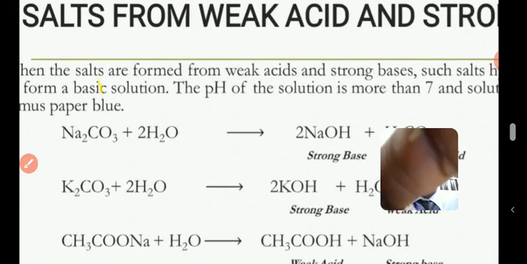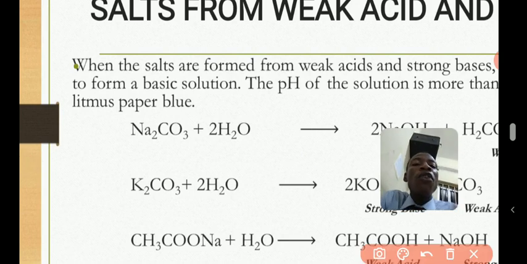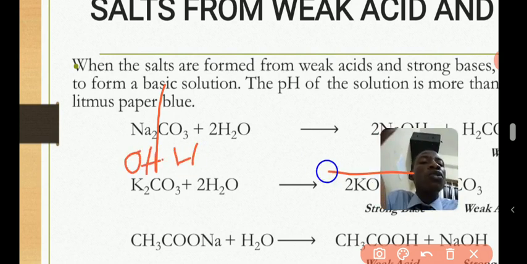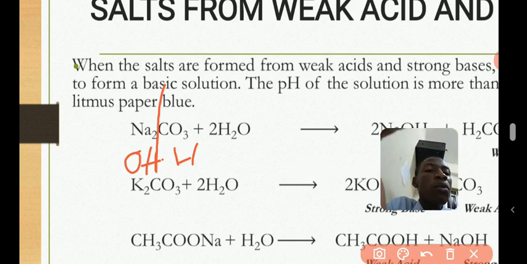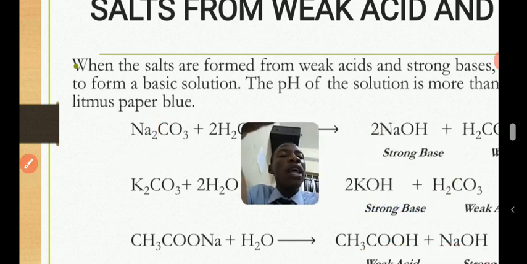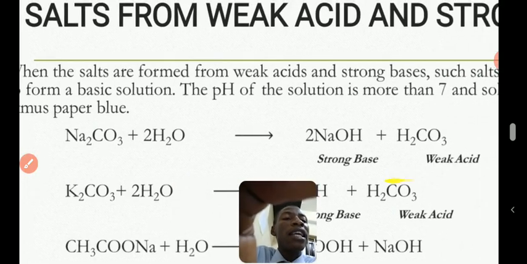Now let's take an example. Following our normal process, break that in the middle. Water will give OH to the metal part, H to the non-metal part. So what do we now have in that case?